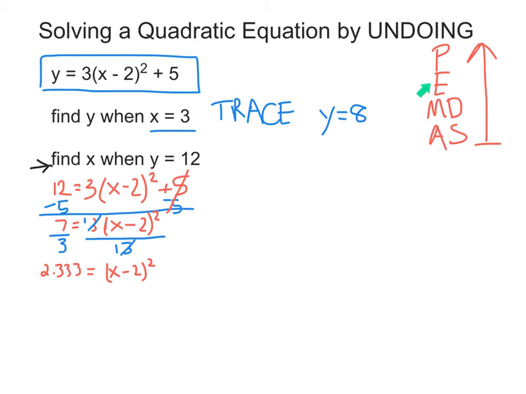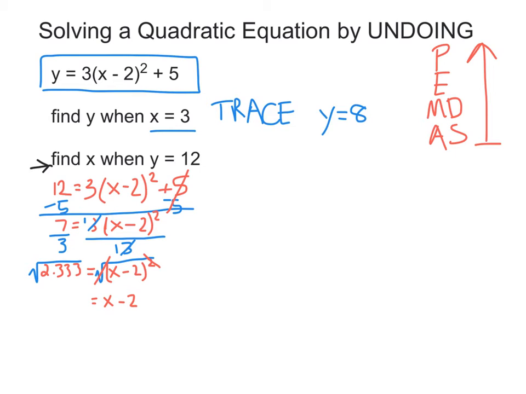Now we're up here to E for exponents. To undo our exponent, we need to square root, and we have to square root both sides. Remember, when you square root, your square root and your square cancel each other out, leaving x minus 2 on the right-hand side.